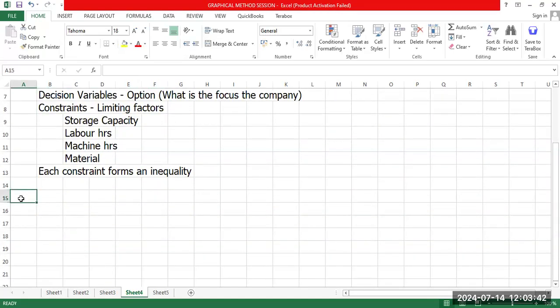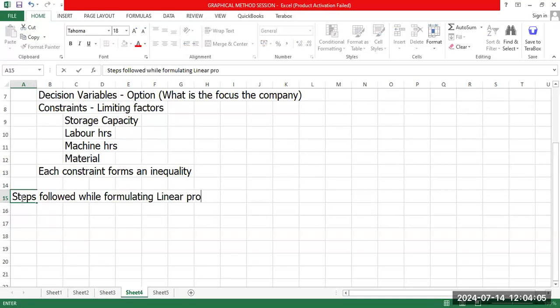Then another aspect is about the steps followed while formulating a linear programming model.